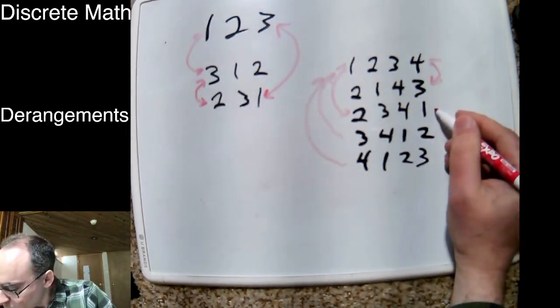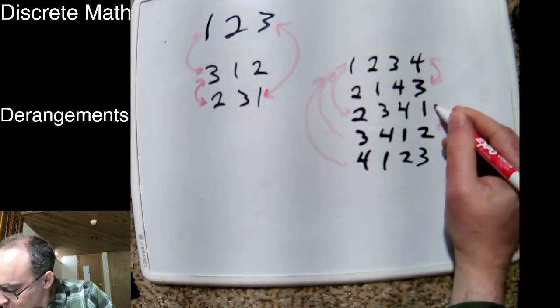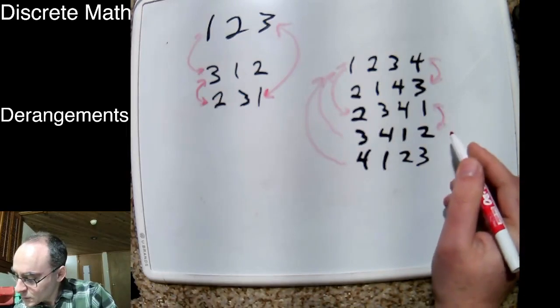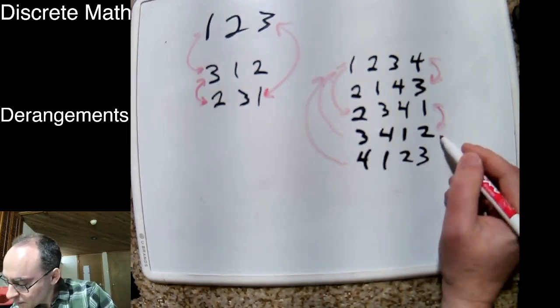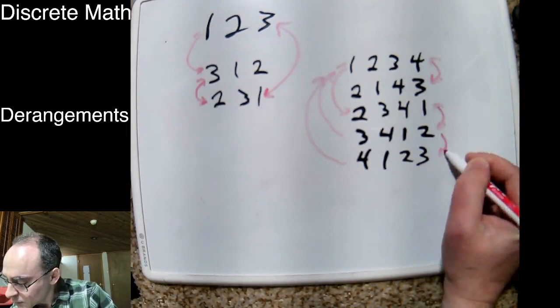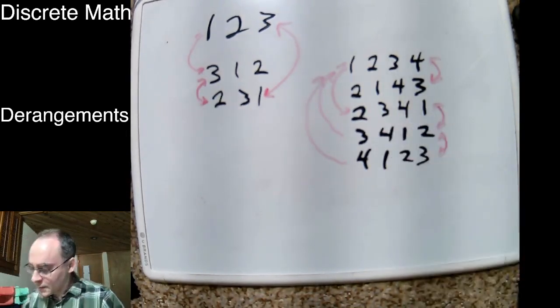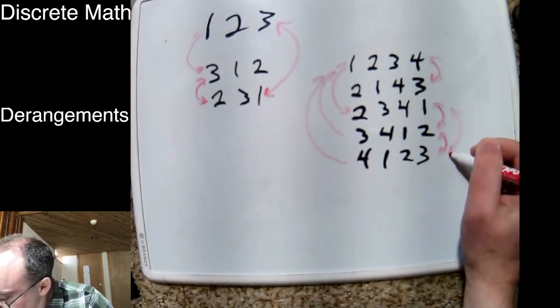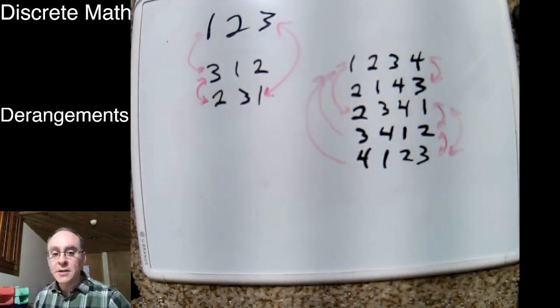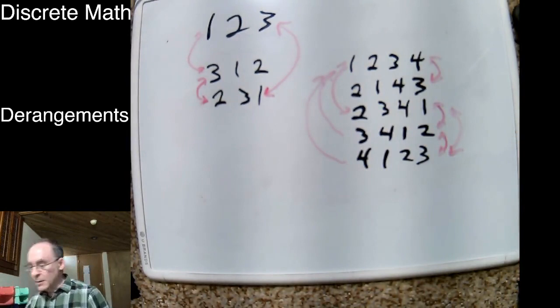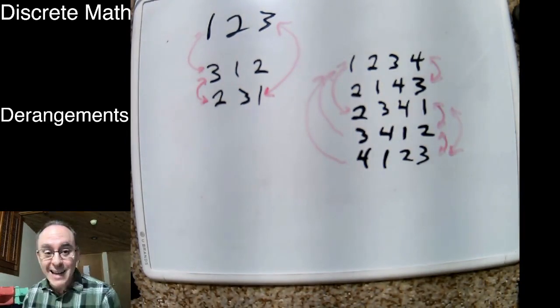Like 2, 3, 4, 1 and 3, 4, 1, 2, no 2 elements in common. Those are mutually deranged. 3, 4, 1, 2 and 4, 1, 2, 3, mutually deranged. 4, 1, 2, 3 is mutually a derangement of 2, 3, 4, 1. I'm running out of space to put arrows, but basically in all those combinations, nothing remains in the same place. Because if I do a cyclic shift, I'm moving everything over by 1, so of course nothing stays put.